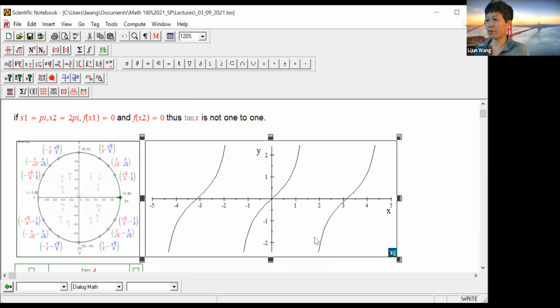Just show more of it. There's so many pieces. How do we truncate so that we will get a one-to-one function? You cut it vertically, you touch the curve once. You touch it horizontally, you touch the curve only once. How should we cut it?